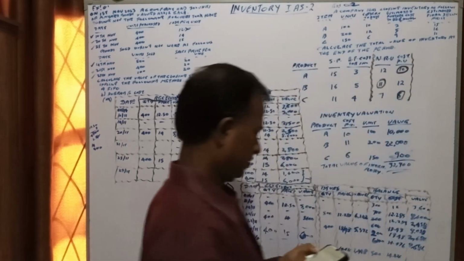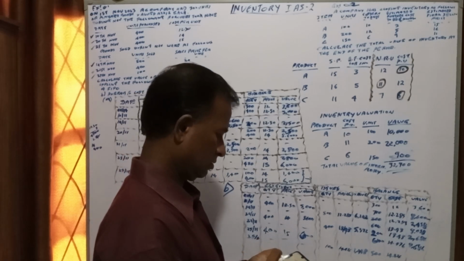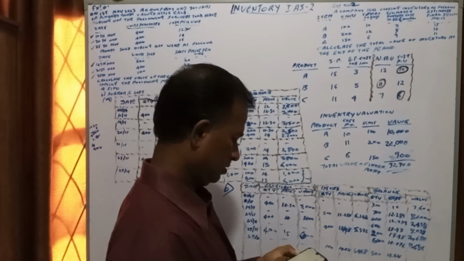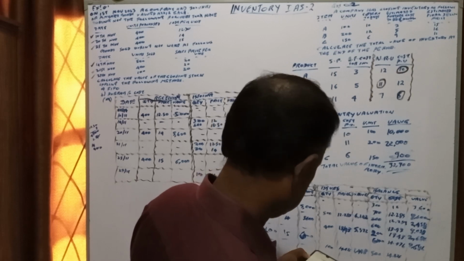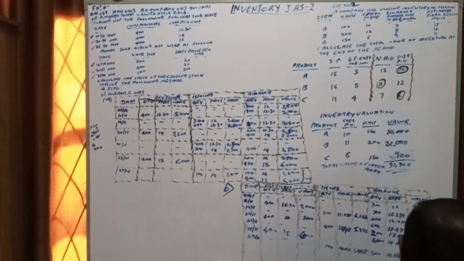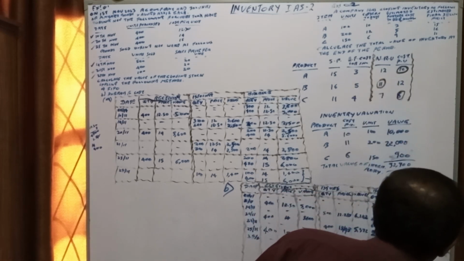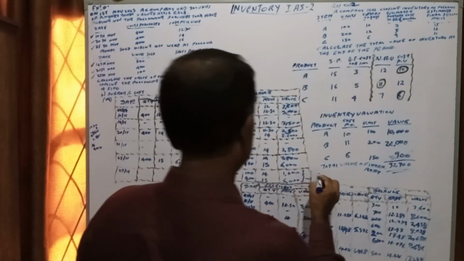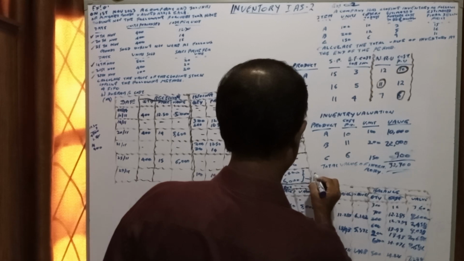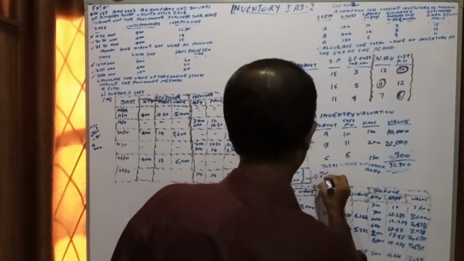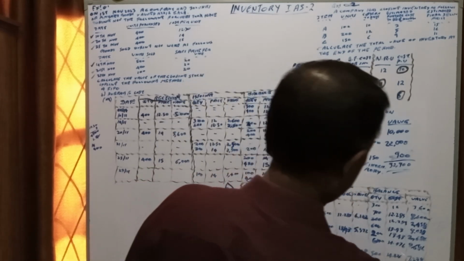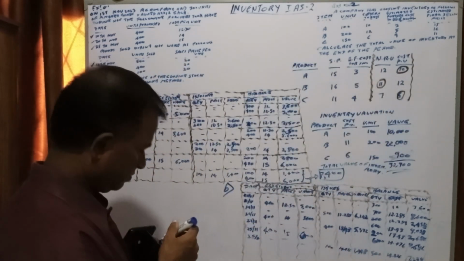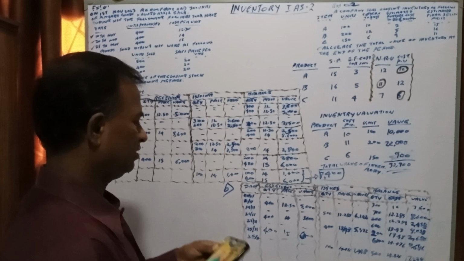Then 8,686 minus 1,448 is equal to 7,238. This compares with 7,400. A small difference of 162 will come. That's all.